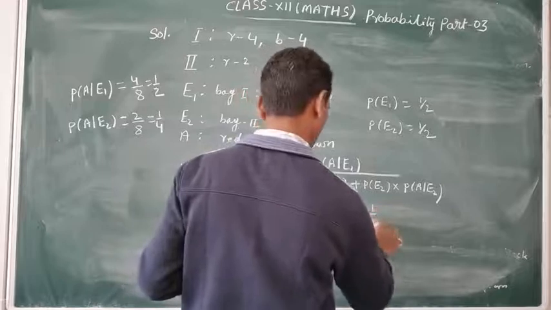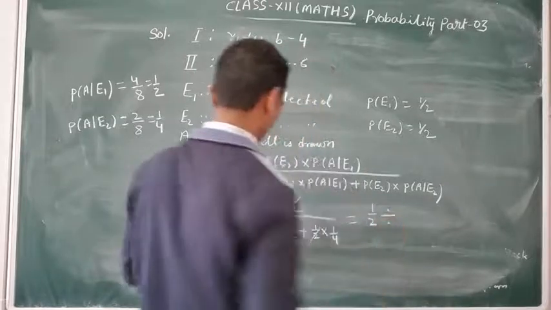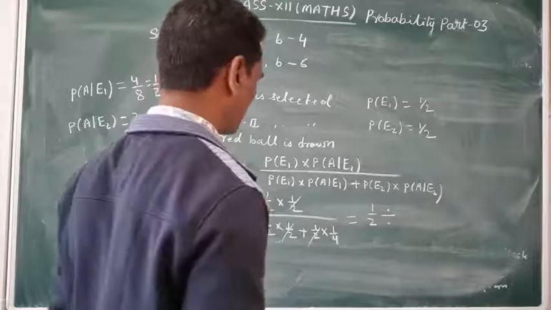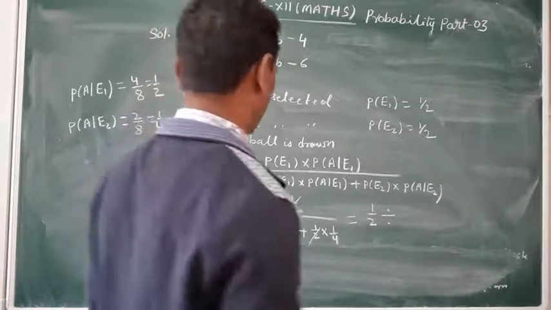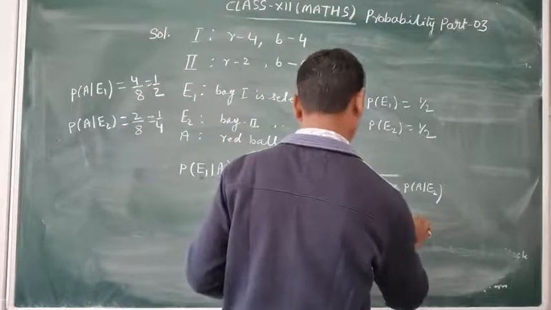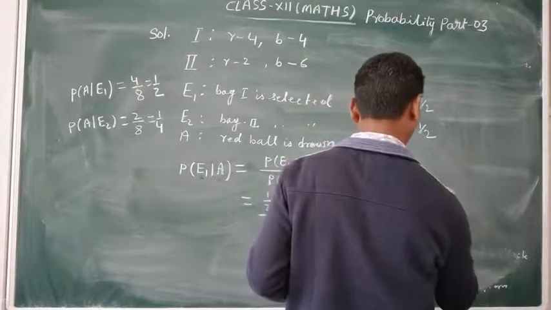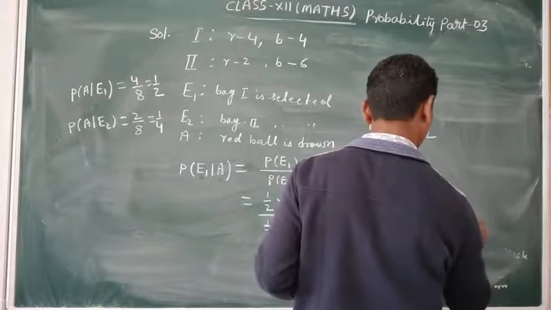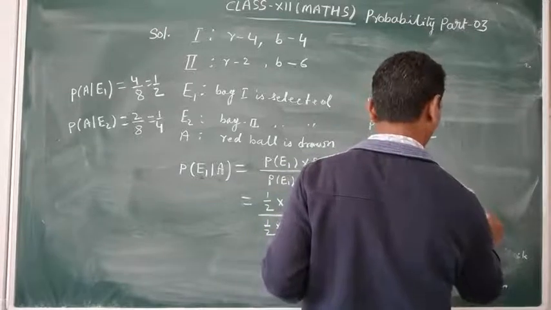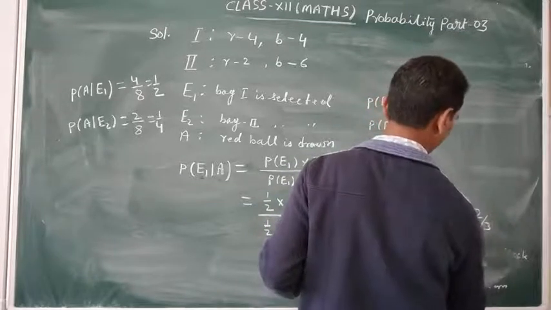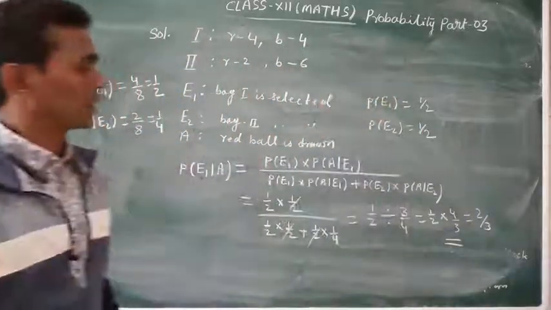Then 1 by 2 divided by 1 by 2 plus 1 by 4, which is 3 by 4. So 1 by 2 into 4 by 3 is 2 by 3. This is the answer. Okay, thank you.